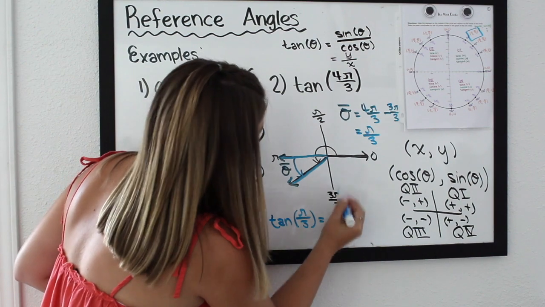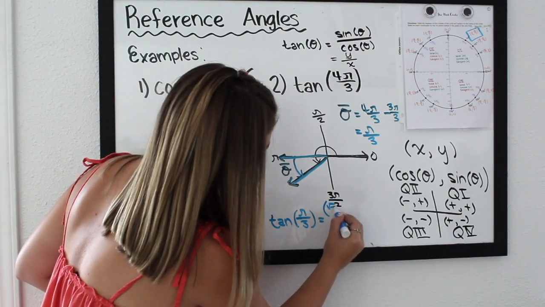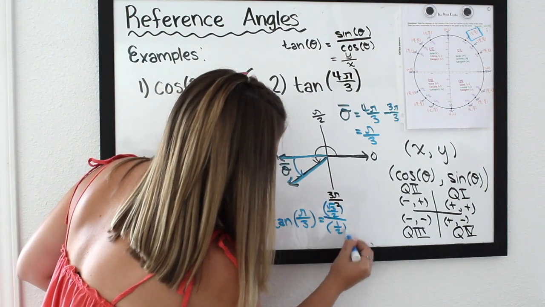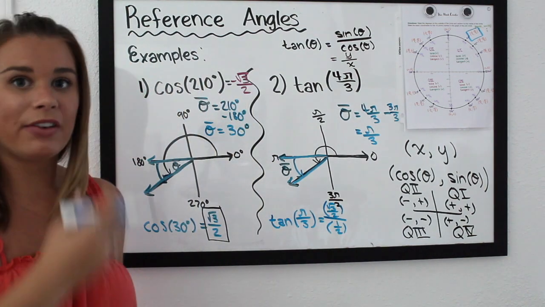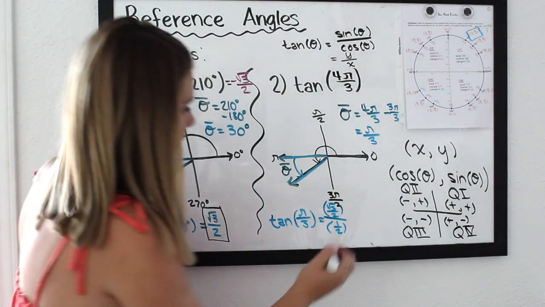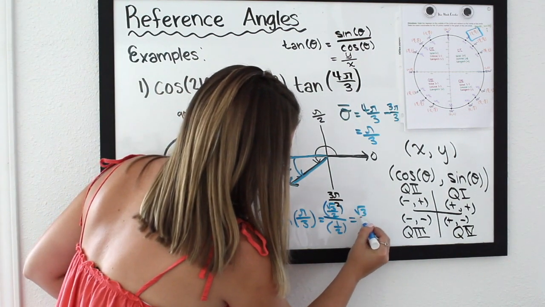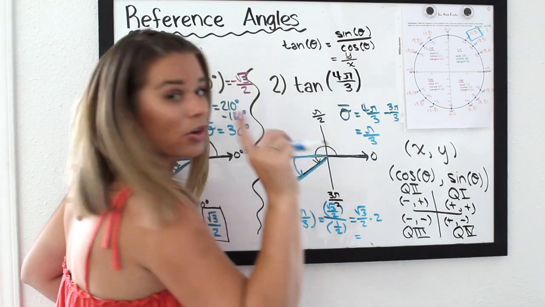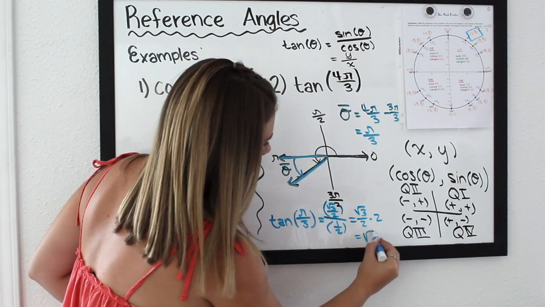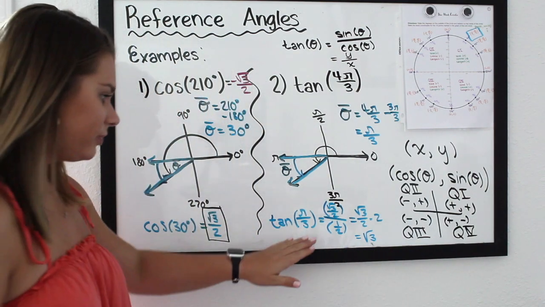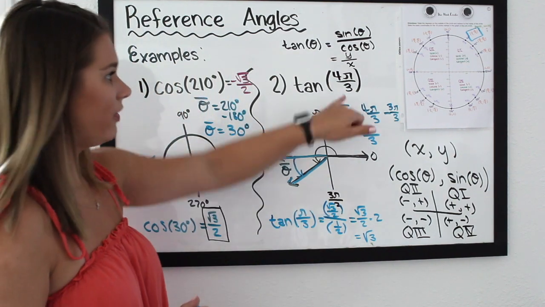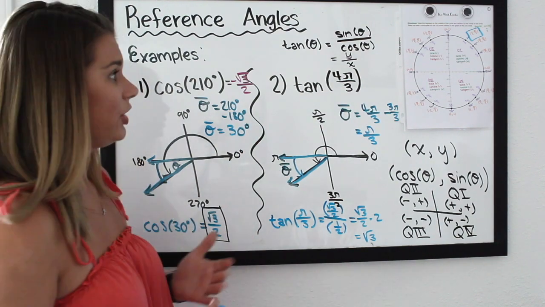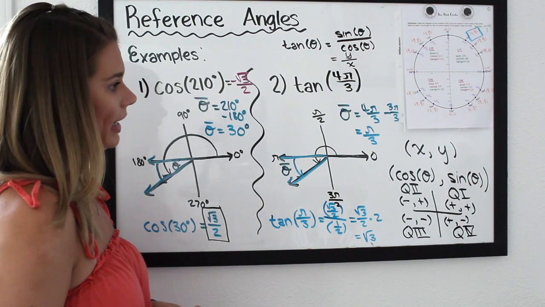So this equals y over x, so root 3 over 2 over 1/2. To divide fractions, we multiply by the reciprocal. So it's root 3 over 2 times 2, and 2 divided by 2 is 1. I'm just left with root 3. Note that this is in absolute value root 3, but we need to check whether it's positive or negative.